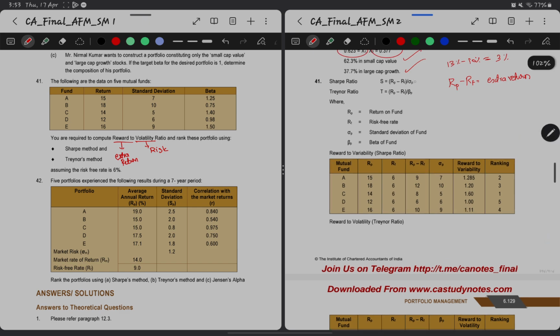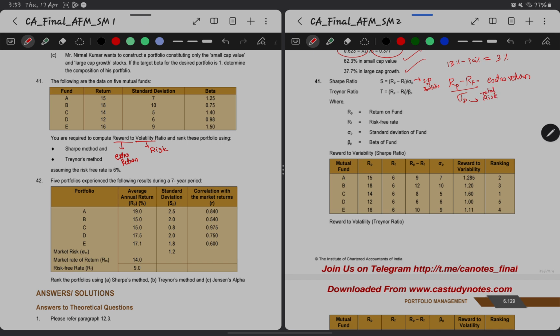In case of Sharpe ratio, it is divided by the standard deviation of portfolio, which is nothing but the risk for the portfolio, so this can be considered as the total risk.